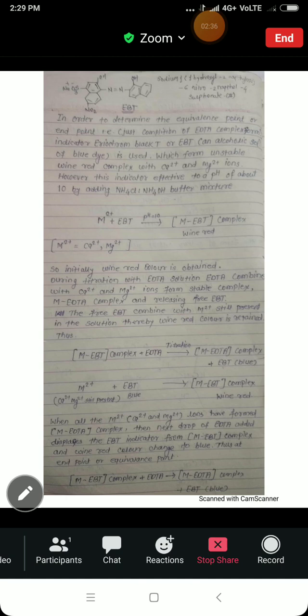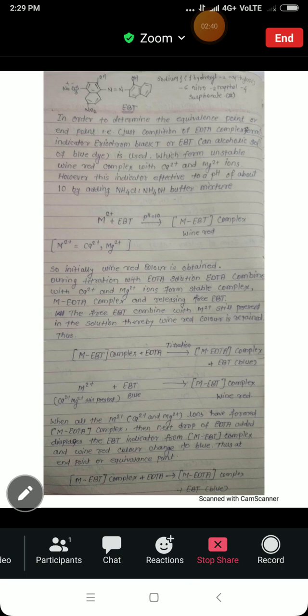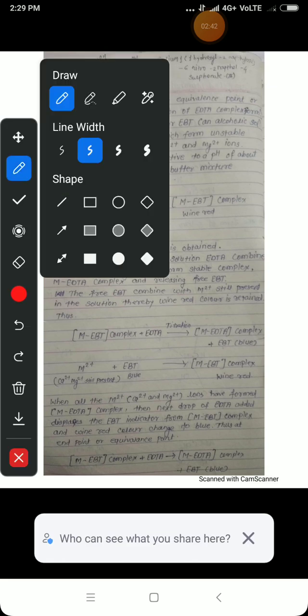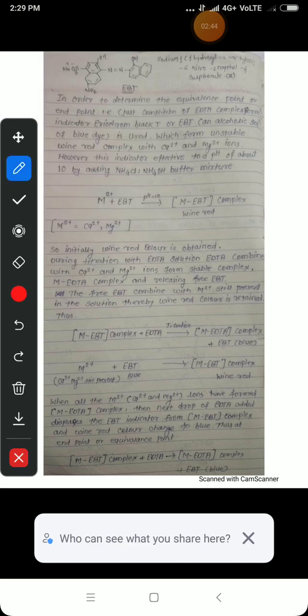Now we will discuss how we can determine the hardness of water. In this titration method we use EBT, that is Eriochrome Black T, as an indicator. That means we take the water sample and add the EBT as an indicator.